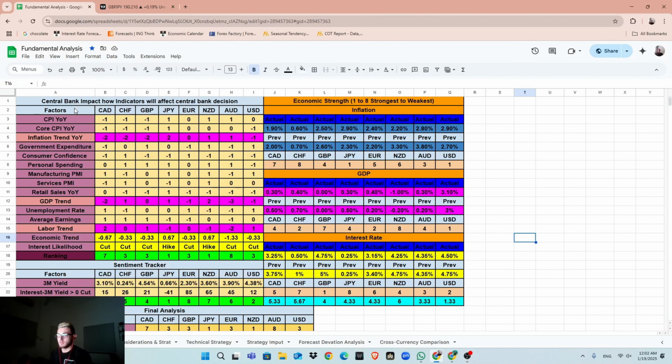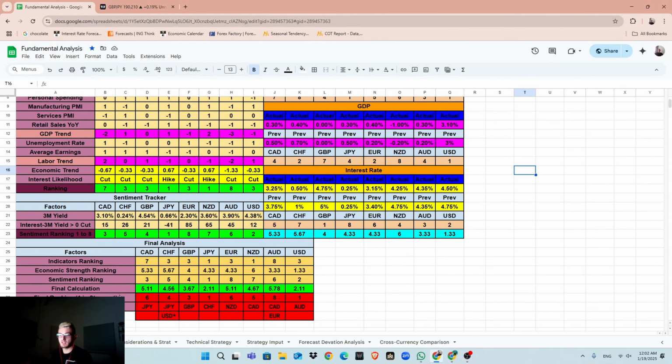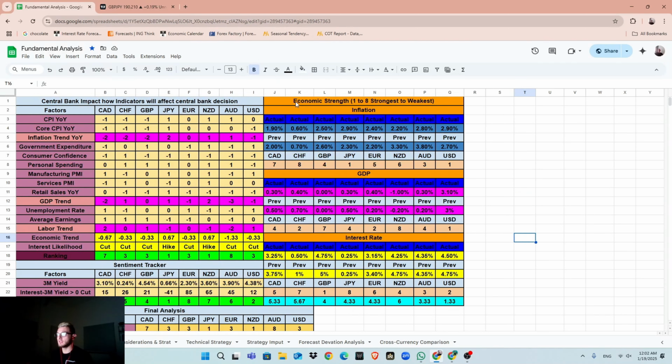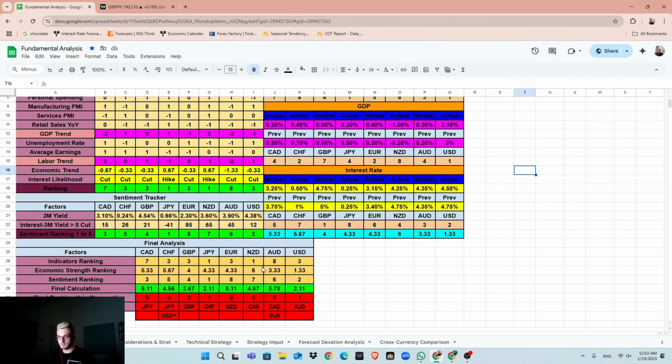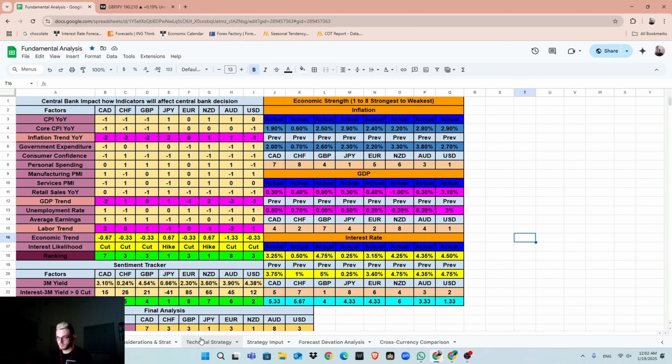When I started, first I started with this economic indicator sheet, and based on it, I was seeing the strength of different currency pairs. Then I added economic strength, then I added a sentiment tracker until I got into this stage.